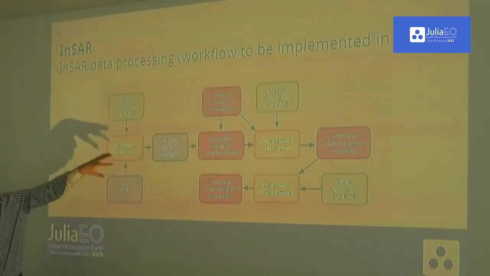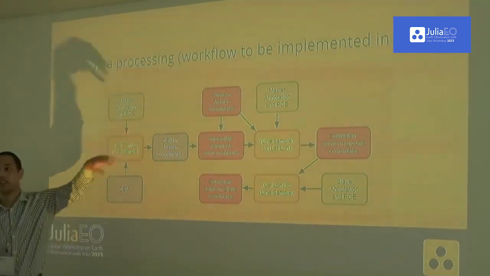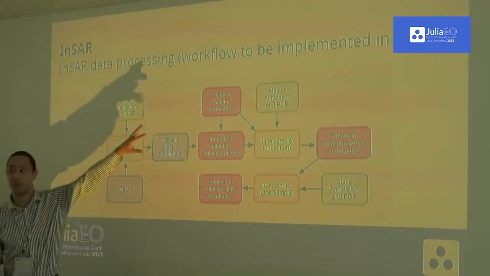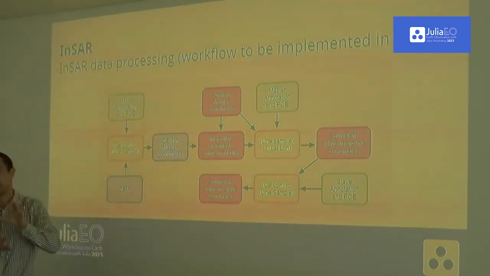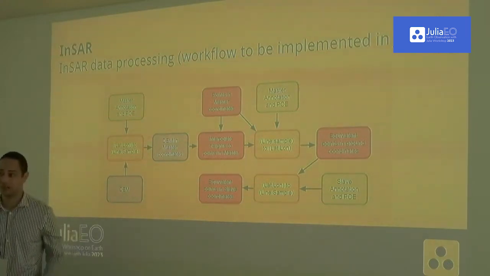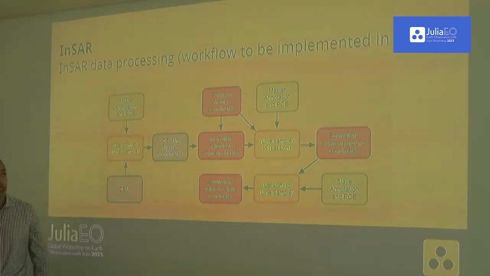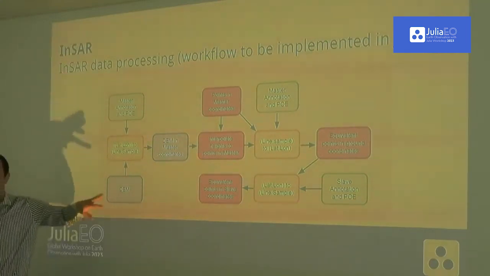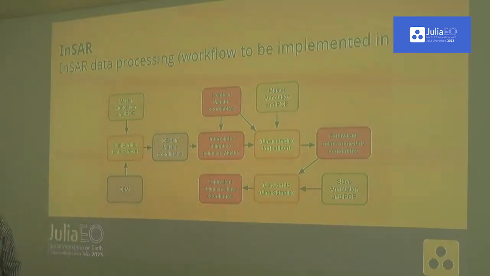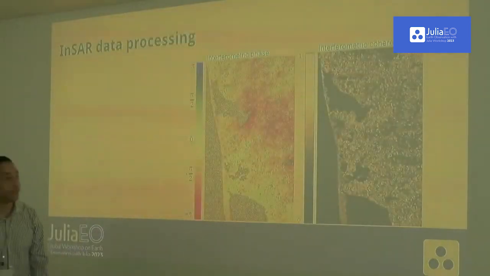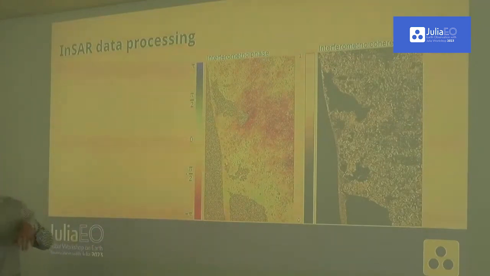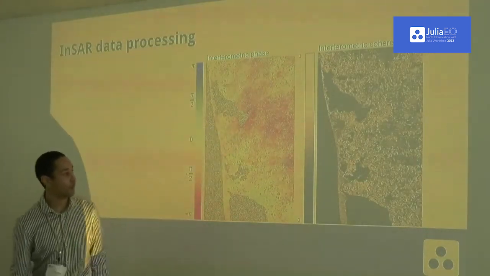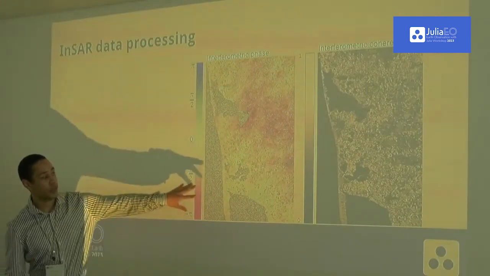Once you have the heights of the pixels, you are able to transform them to coordinates, and then when you have transformed the positions of the primary image to coordinates, you can transform them to positions in the second image, and here you are able to resample the second image, stack them on top of each other, and then you can start the SAR processing. So this process can be quite tedious, and there are a lot of small things. But we will step through this process during the hands-on session.